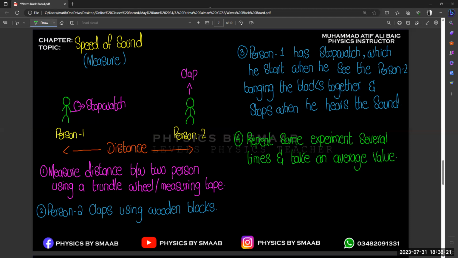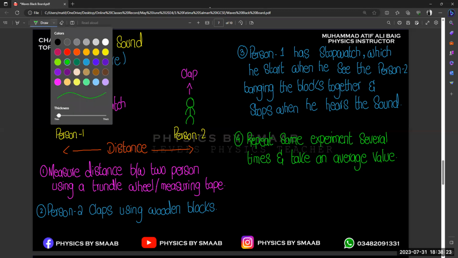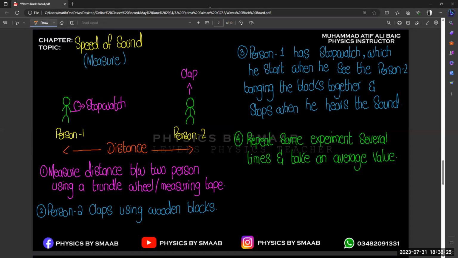Then our final step is, finally you need to use the formula for the final value of the speed of sound, right?